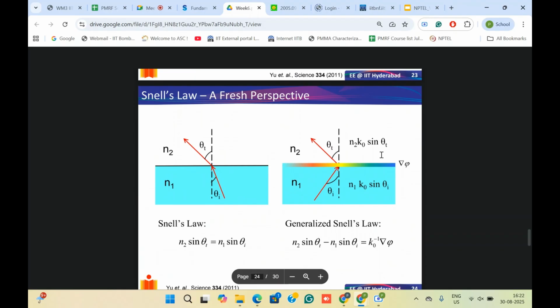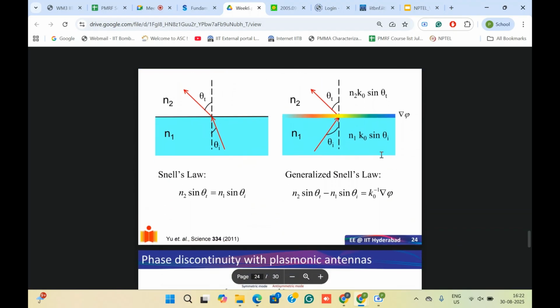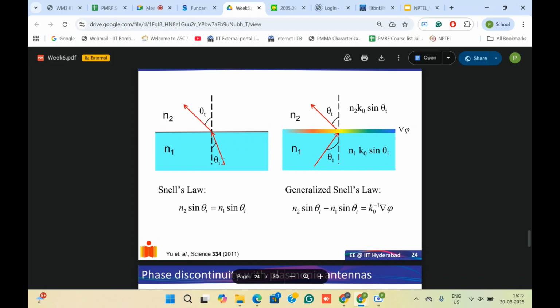So it's as fundamental as revisiting Snell's law. The example here is, we have Snell's law already, and here we have two interfaces, n1 and n2. The light is incident from medium one at theta i and is going into the second medium.